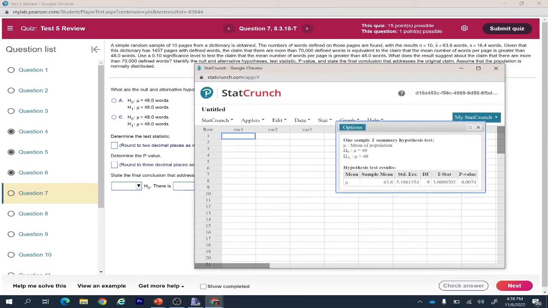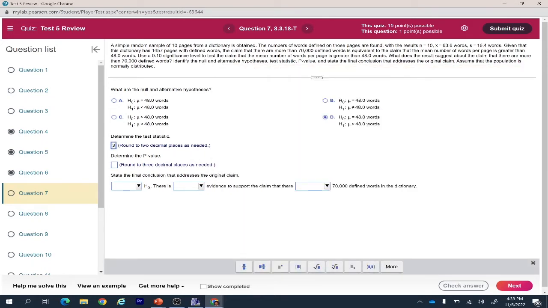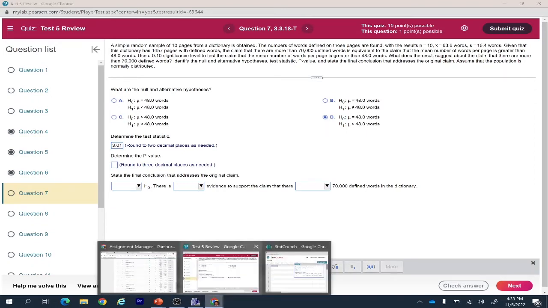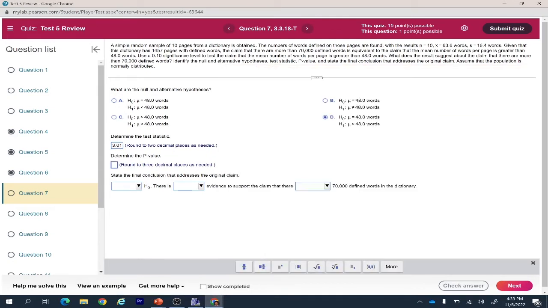It gives you the t statistic, which is 3.008. If you round it to 2 decimal places, it's 3.01. And the p-value, which is in this case given, is 0.0074. If you round to 3 decimal places, it's 0.007. As you can see here, the p-value is less than alpha.